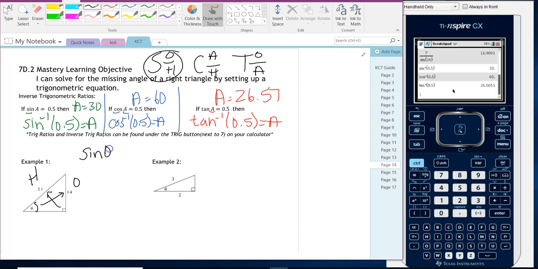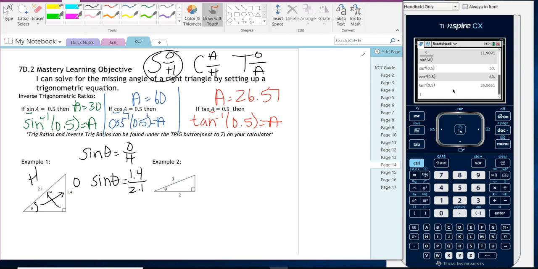Sine of theta is going to equal O over H. Right? So therefore, sine of theta, because I don't know what my angle is, but I do know that my opposite is 1.4 and my hypotenuse is 2.1. All right, so by doing that, I have to take the inverse of both sides because what I'm looking for is my angle.